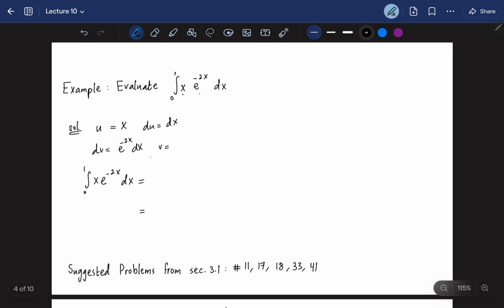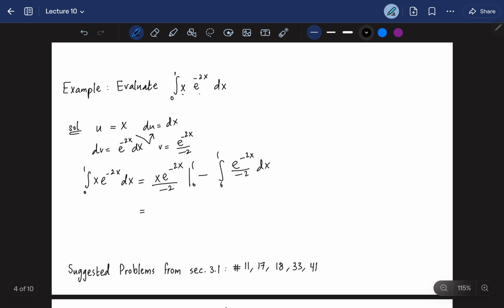And now to integrate here, you might need to use a u substitution, but I can integrate it easily and get this answer. Then applying the rule u times v minus the integral that we have. But since I have a definite integral from 0 to 1, I need to plug in 0 to 1.